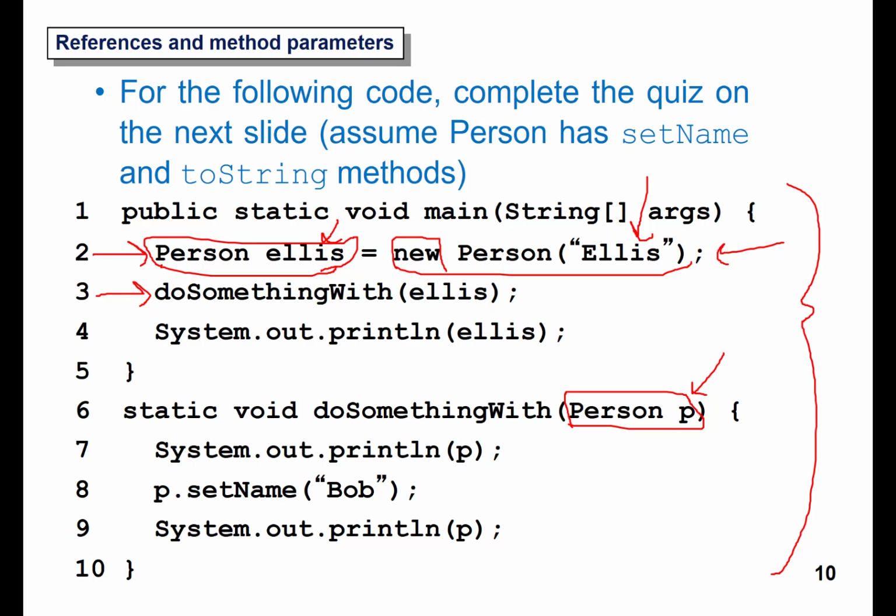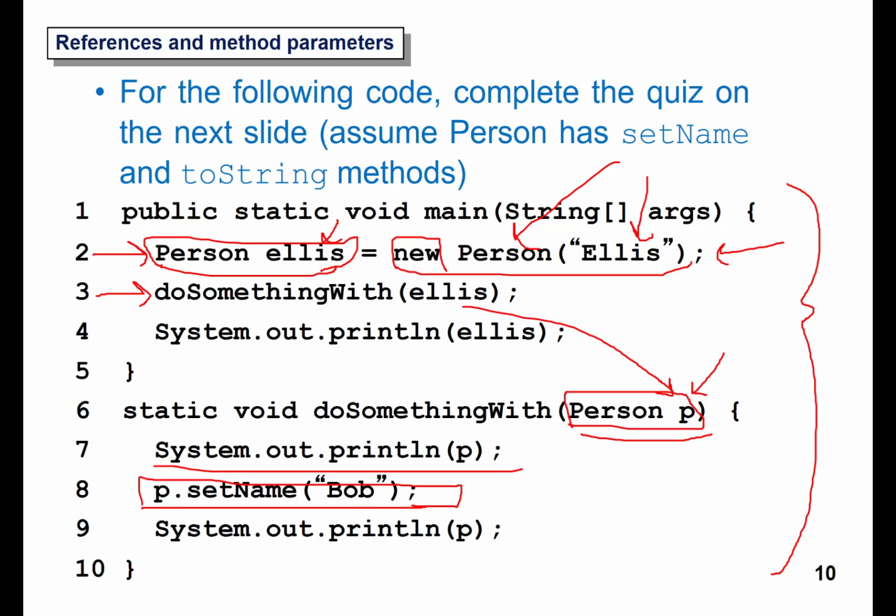In the other method, we pass the parameter into the method through reference P. So I'm passing the address of this created object into P. I'm printing out P. And then I'm saying P.setName to Bob. So I'm changing the name within the Person to Bob. We haven't actually created a new object here, so it's the same object that I'm manipulating.